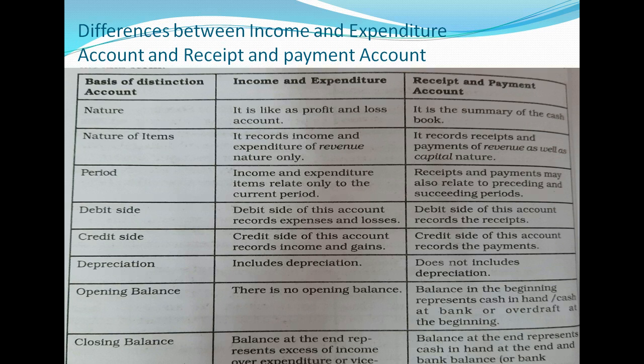Credit side: in the income and expenditure account, all incomes and gains must be shown on the credit side if they are revenue in nature, and all the payments must appear on the credit side in case of receipts and payments account.